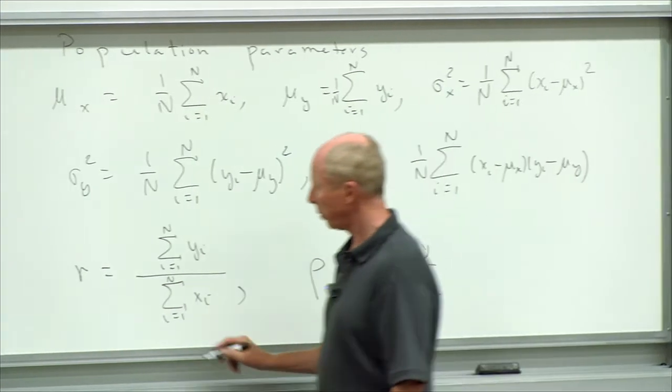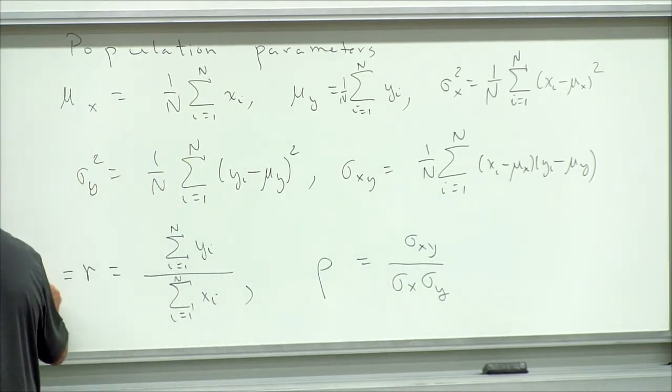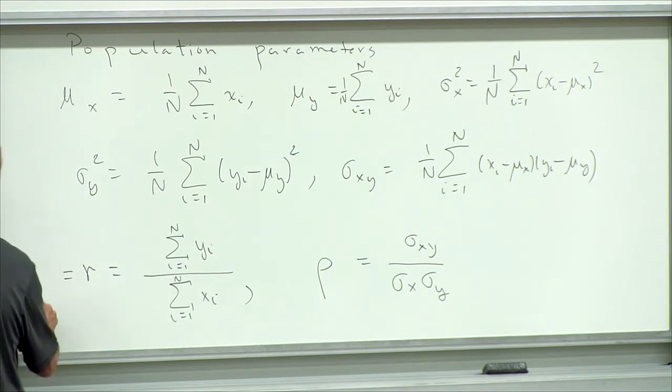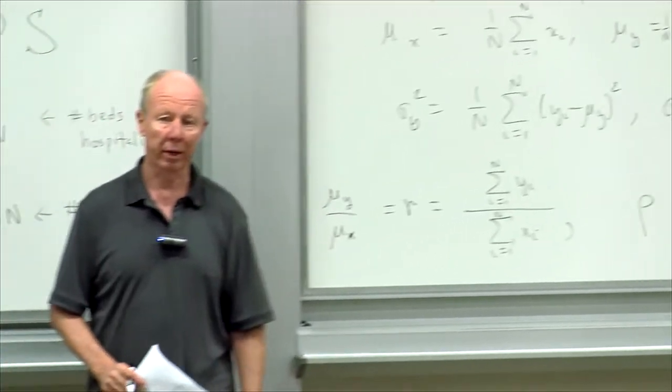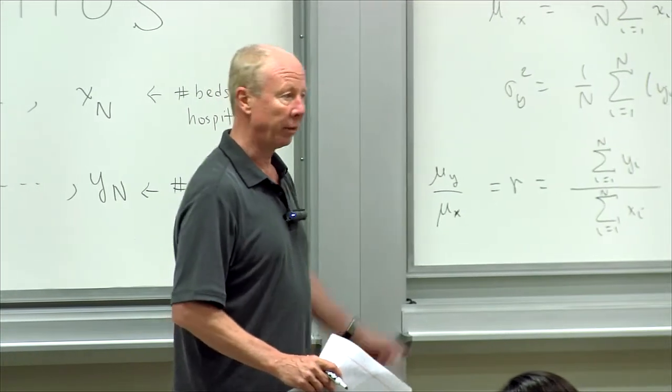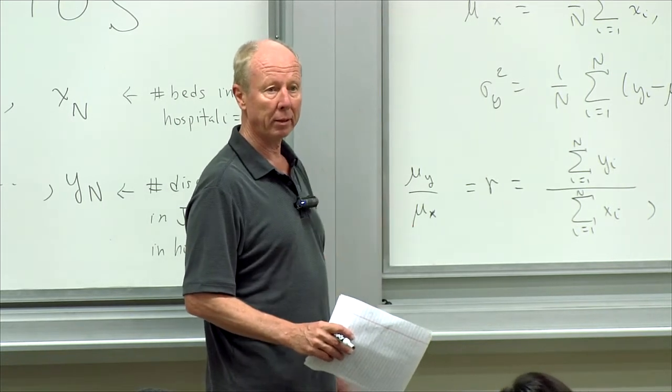And by the way, another way to express R is as mu sub y over mu sub x. The reason being you can divide top and bottom by 1 over capital N and not change it. And then the numerator becomes mu sub y and the denominator becomes mu sub x.